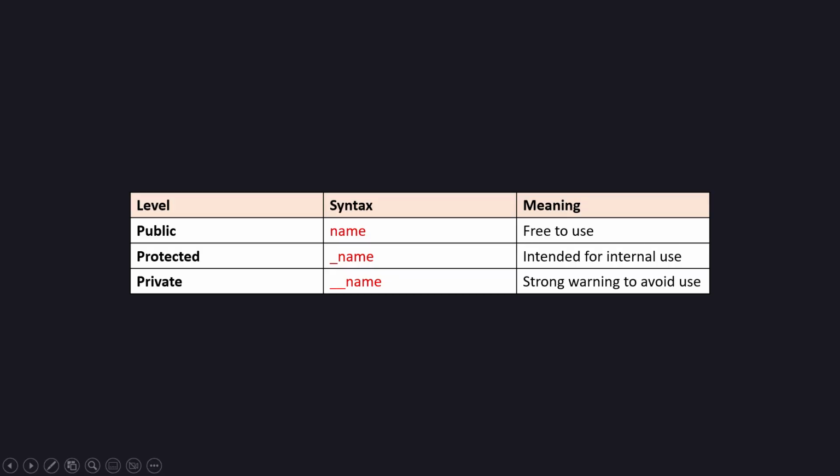So to review, public attributes have a simple name and anyone can use them. Protected attributes have a single underscore before the name and are intended for internal use only. Private attributes have a double underscore and give a strong warning to avoid their usage.